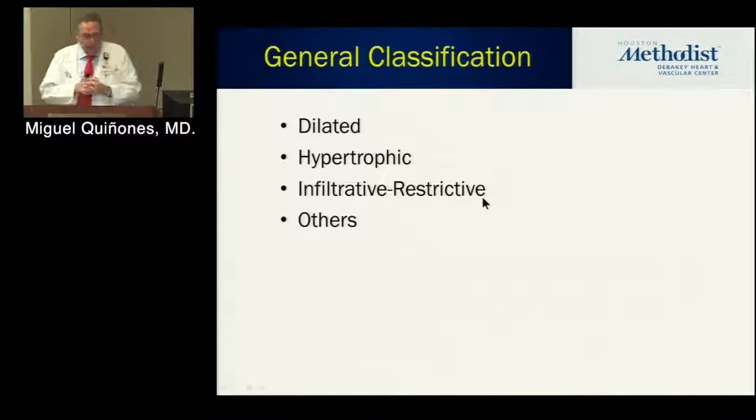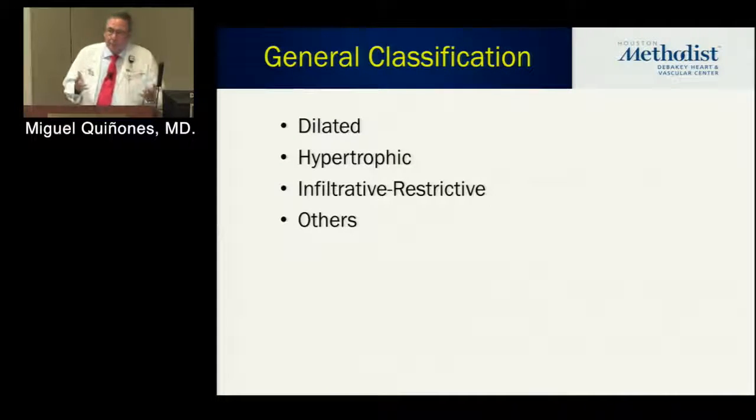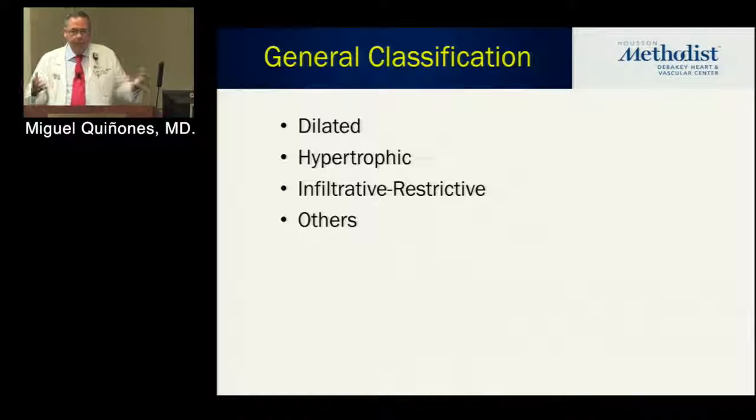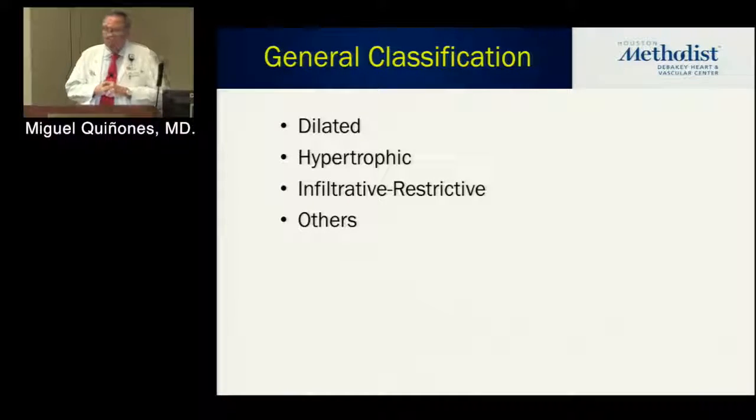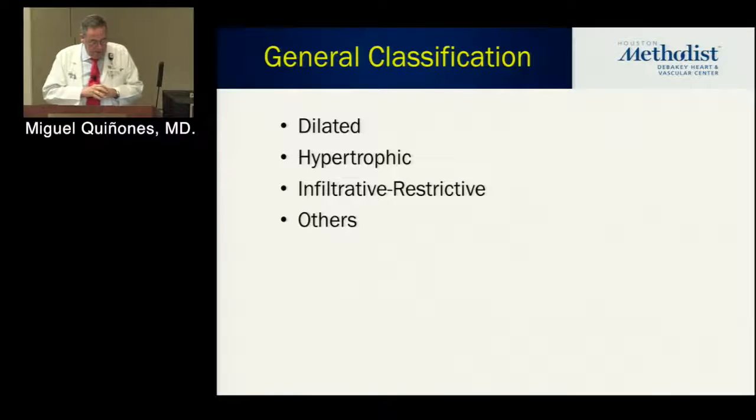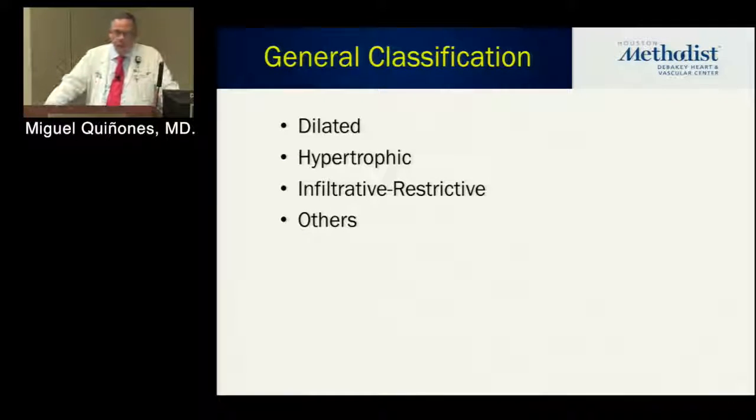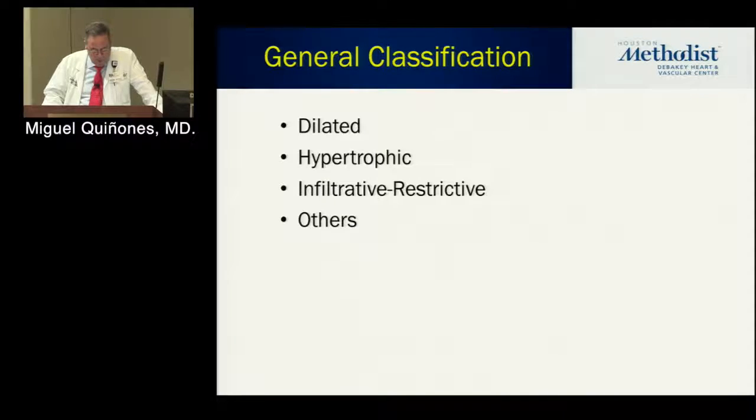So as a general classification, we tend to say dilated cardiomyopathies, which is a big bad heart, hypertrophic, which is a thickened heart, and infiltrative restrictive, which is this kind of mixed bag of diseases that in some way infiltrate or affect the myocardium, where there can be a long list, but we're going to concentrate on the 3 or so most common ones that we see in practice.